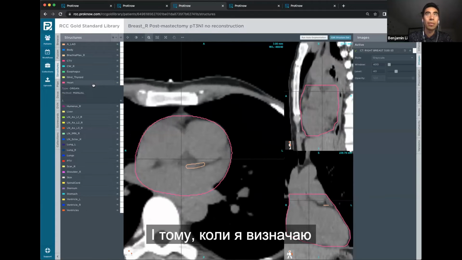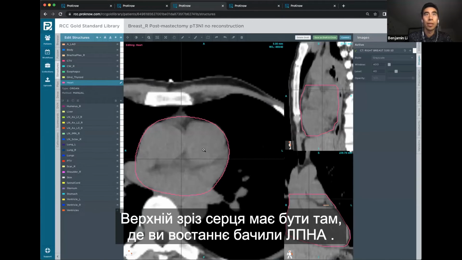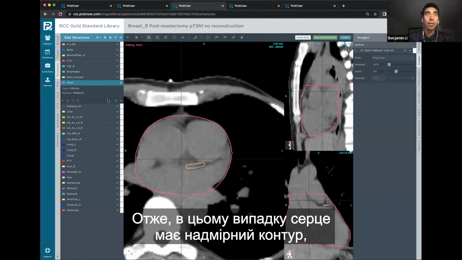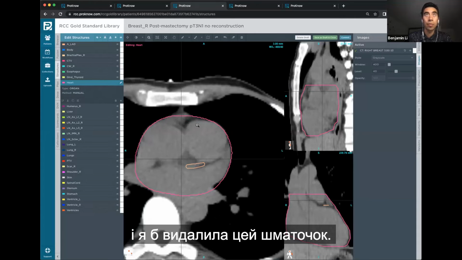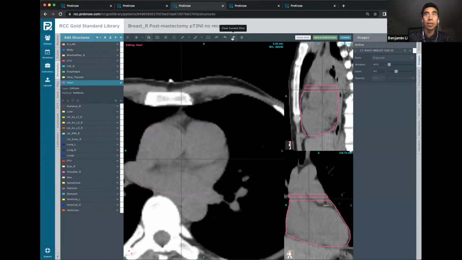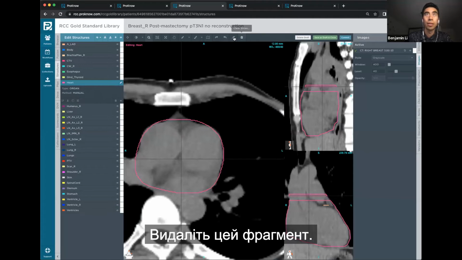So when I'm defining the top slice of the heart, the top slice of the heart should be where you last have the LAD. So in this case, this heart is over contoured, and I would delete this slice. And I would delete this slice. And delete this slice.